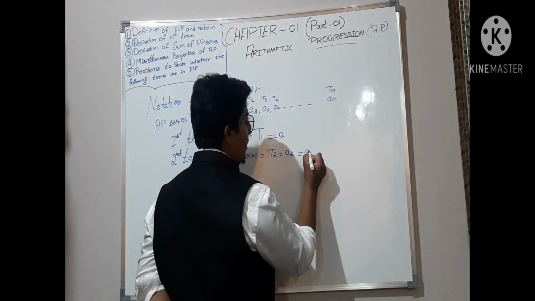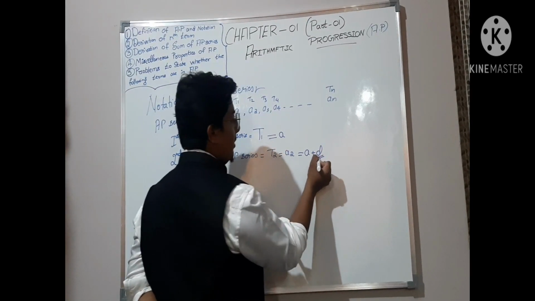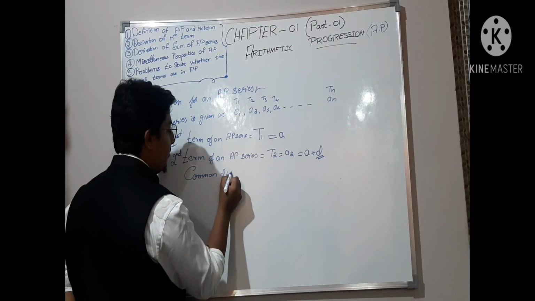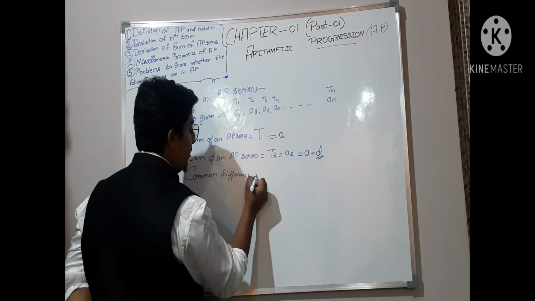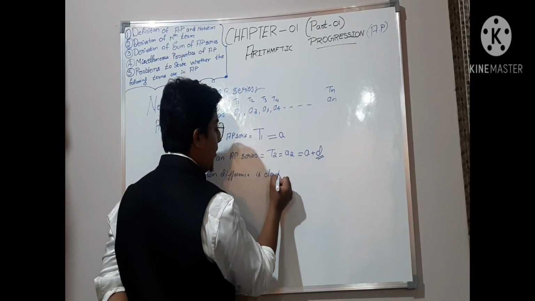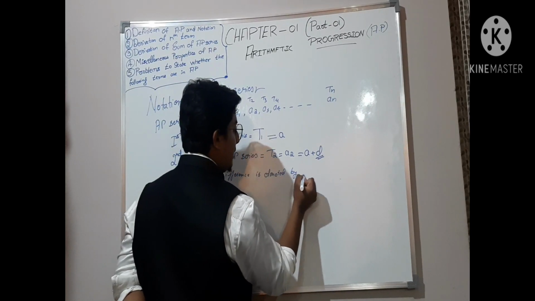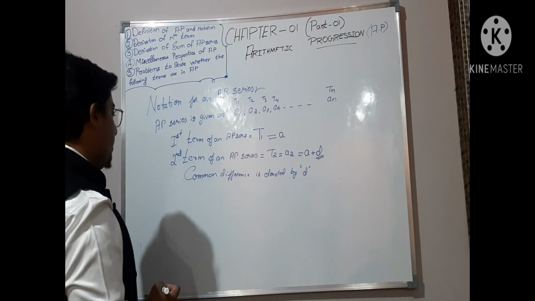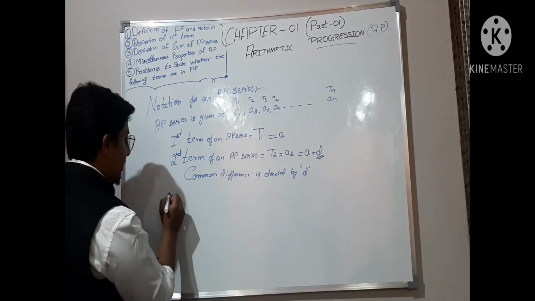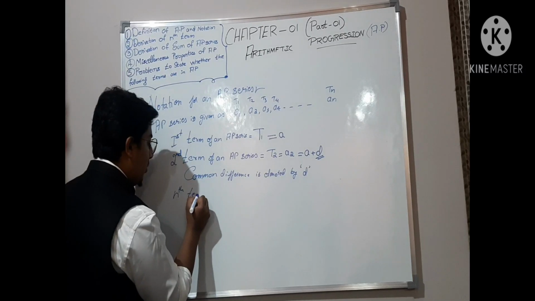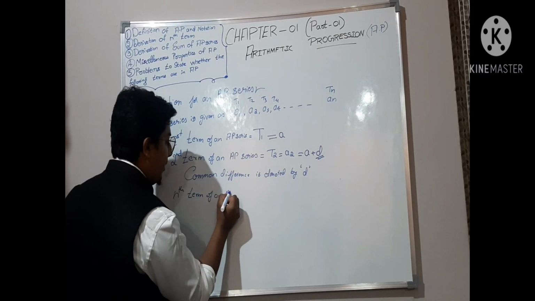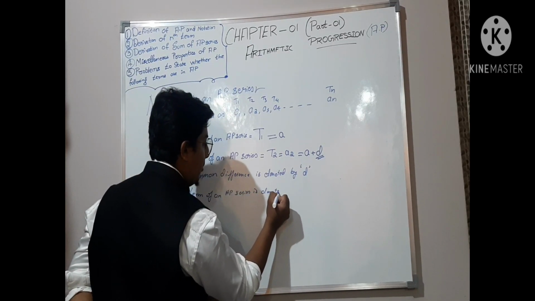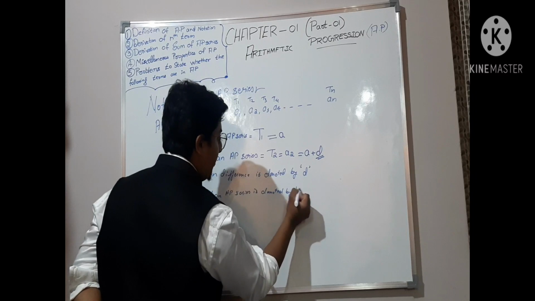So we have a plus d. This d is the difference. The common difference of a series is denoted by small d. And the nth term of an AP series is denoted by An.